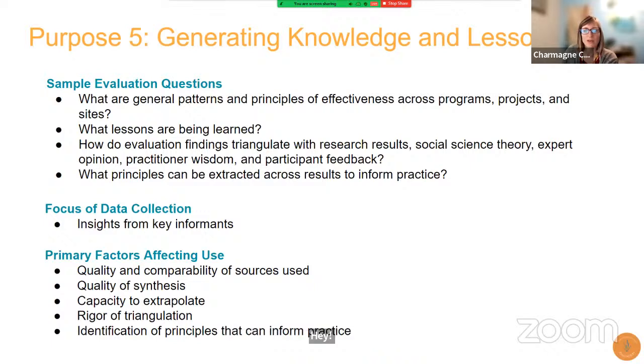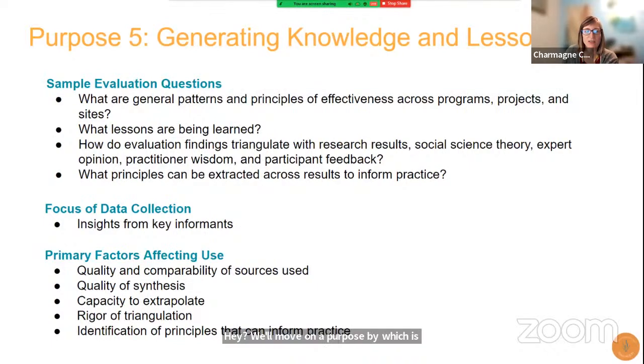We'll move on to purpose 5, which is generating knowledge and lessons. And this is really about finding patterns and principles of effectiveness across programs and projects, lessons learned, and how to triangulate evaluation findings with research results.